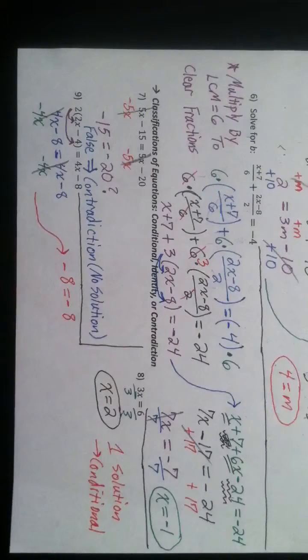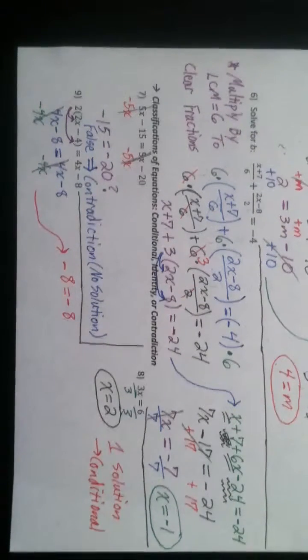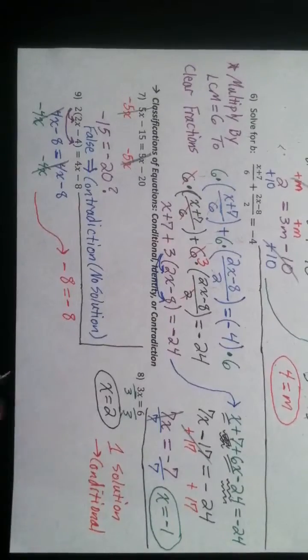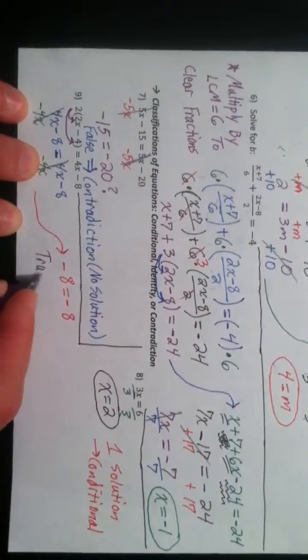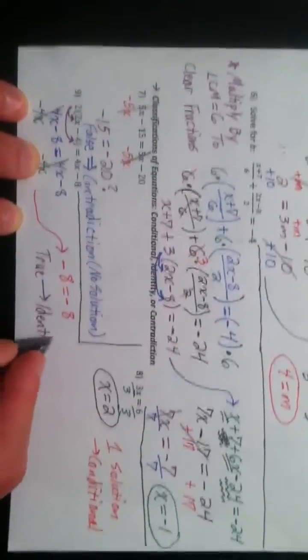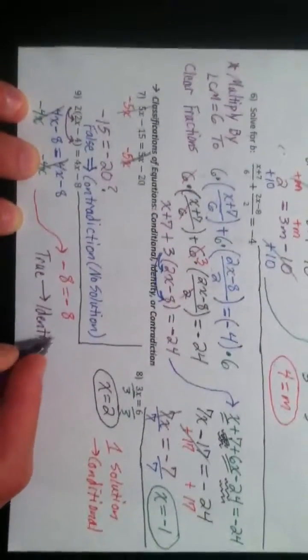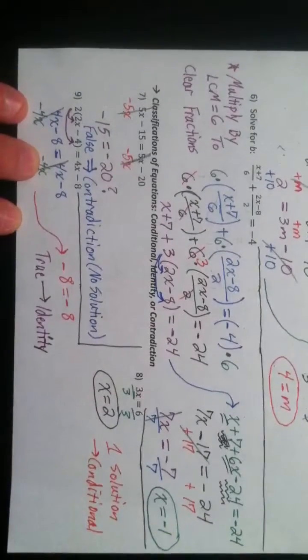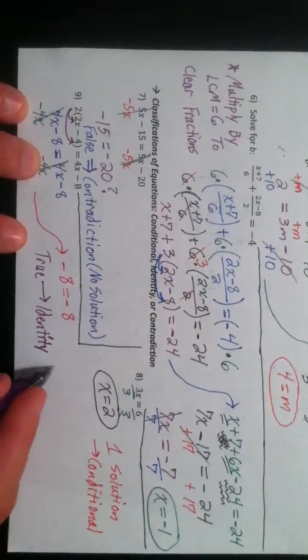When you get two constants equal to each other, since it is a true statement, we call this an identity, but what it really means is that any number you plug in for x is going to work. There's an infinite amount of solutions.